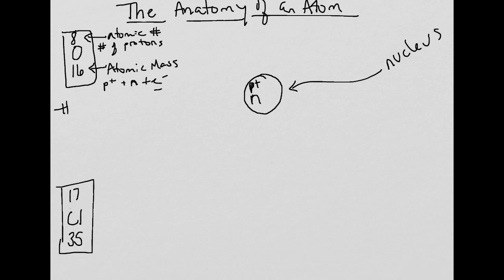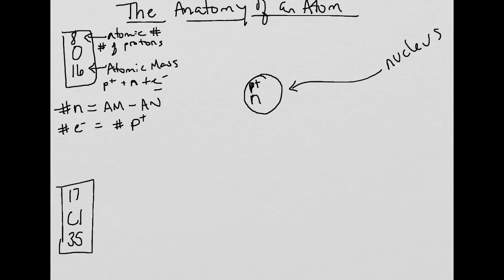The number of neutrons equals the atomic mass minus the atomic number. Okay? And then finally, the number of electrons will equal the number of protons, assuming that the one we are drawing does not have a charge. And if it's coming right off the periodic table, it doesn't.